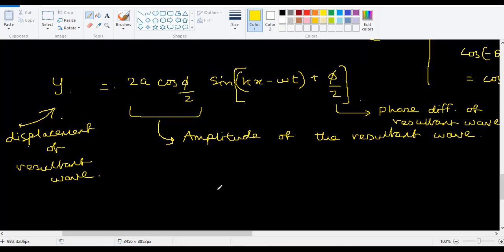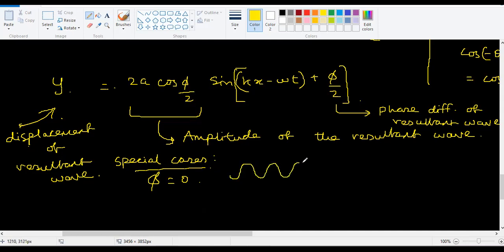Suppose, in the examples which I gave you, the phase difference is equal to 0, what will happen? So let's talk about the special cases. When phi is 0, cos 0 will become 1. So I'll be getting 2 times A. When it is in phase, the amplitude will increase.